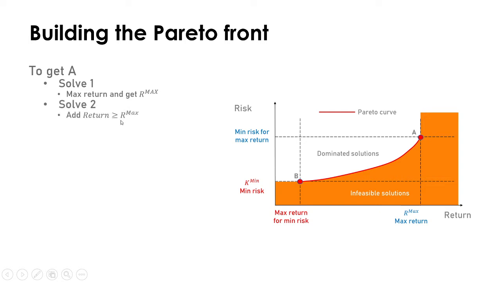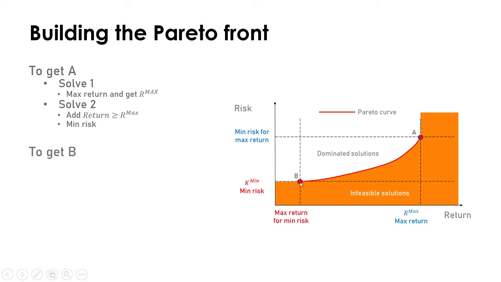So we want to impose that return must be at least this R max, and we want to minimize risk so that we know for sure we're going to get values in this vertical, but we want to minimize risk, so we will end up getting point A. Okay, we cannot get solutions beyond that vertical line, although we have reached a return larger or equal to our max, because we know for sure that there aren't any solutions in this area with a return larger than R max, so we will get all of them in this vertical line, and we want to minimize the risk and get this point.